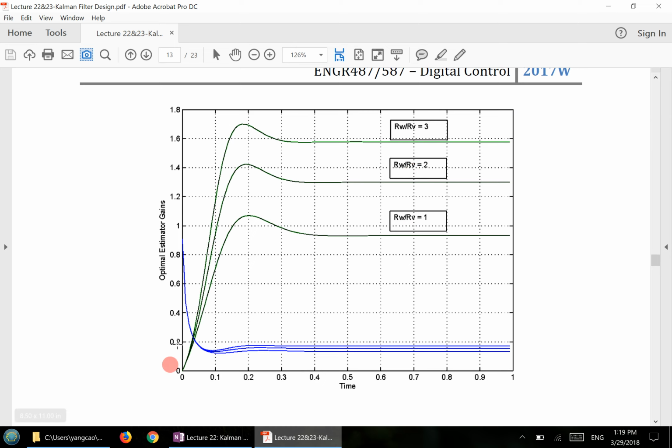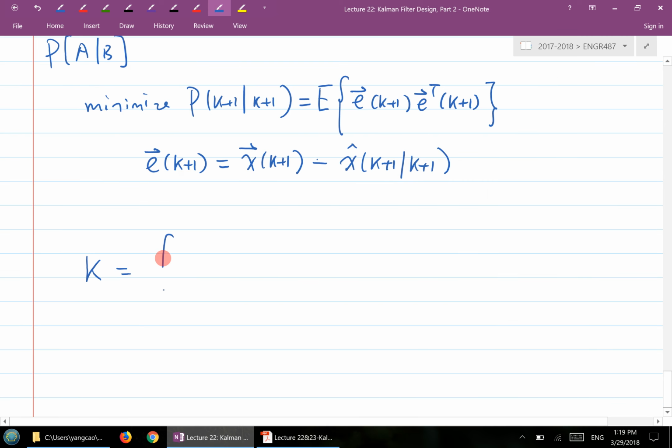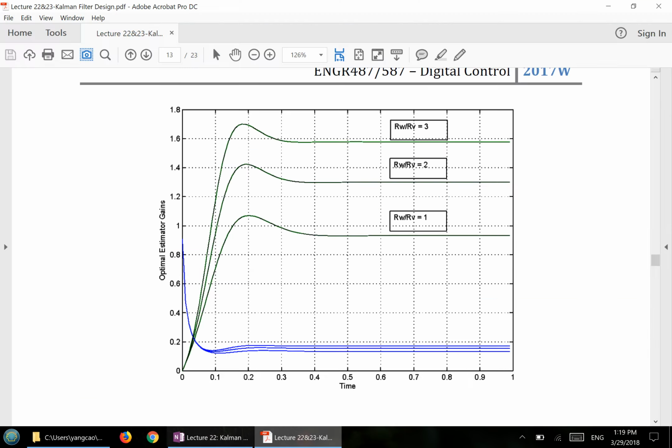And there are 2 Kalman filter gains: your K equal to K1 here and then K2 here. So that's your Kalman filter 2 gain, right? We're plotting both of them. As you can see, this is K1 I believe, and this is probably K2.